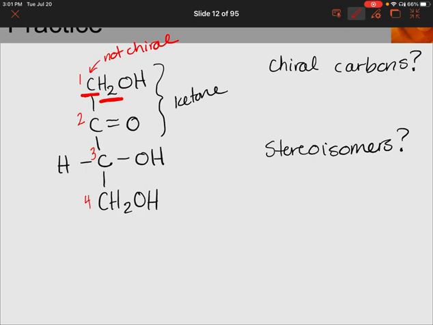And again, that's because it's bonded to 2 identical groups, those hydrogens. What about carbon 2? Is that chiral? Nope, it's only bonded to 3 groups. The oxygen, the group up above, CH2OH, and all of the bottom of the molecule is the third group. So that also is not chiral because it's not bonded to 4 different groups.